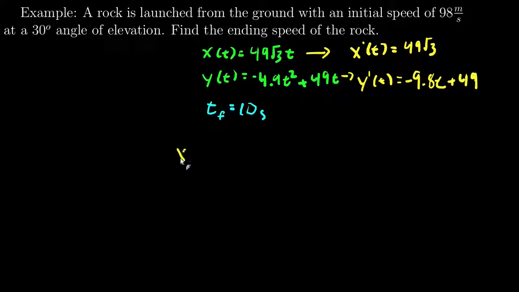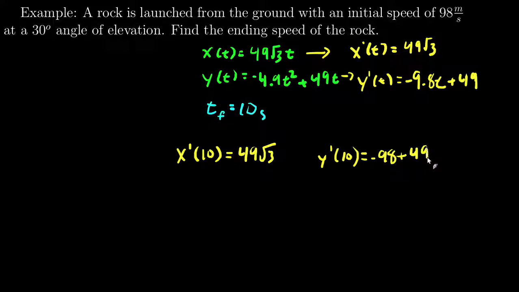I evaluate these at 10. So x prime of 10, well, this is a constant function. It's just going to be 49 root 3. Y prime of 10 is going to be negative 98 plus 49, which will be negative 49.